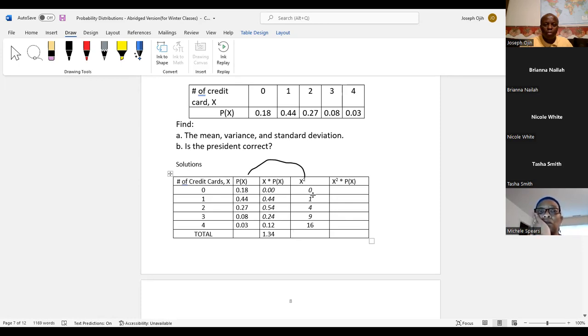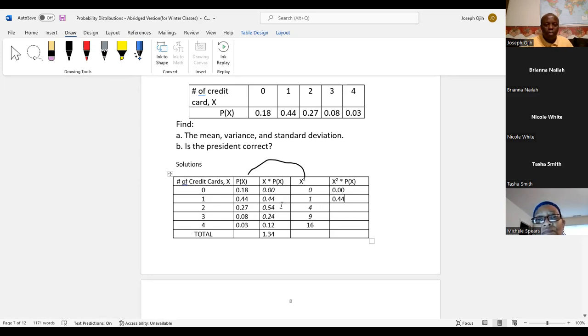So 0 times 0.18 is 0.00. 1 times 0.44 is 0.44.